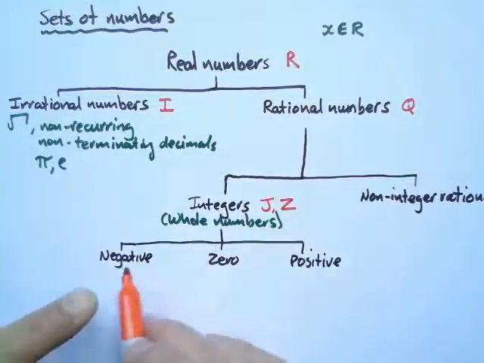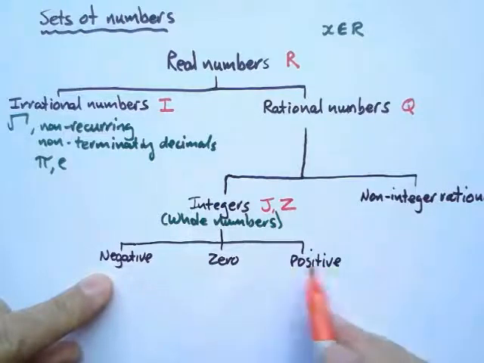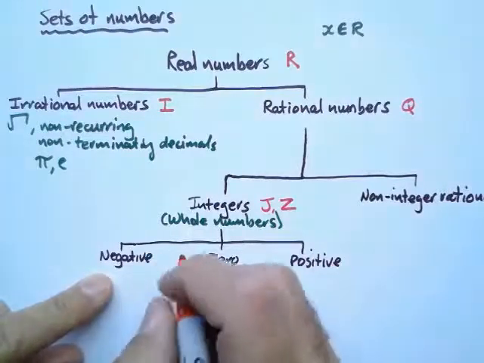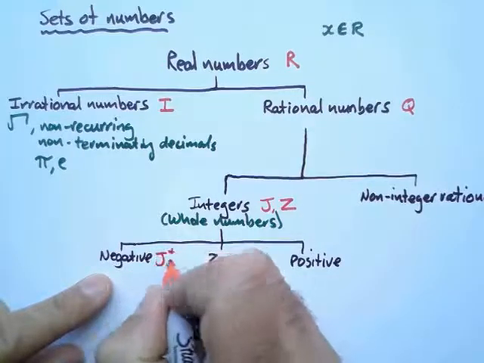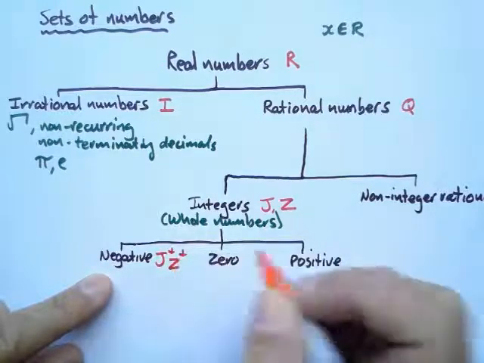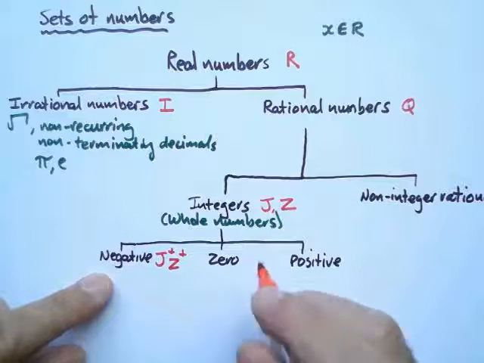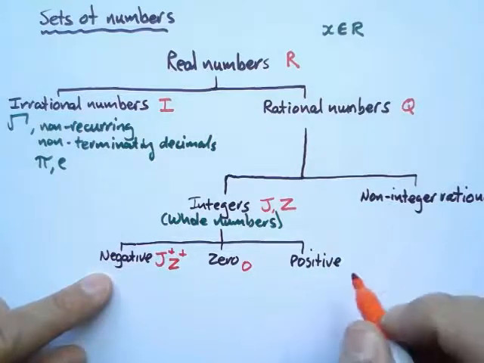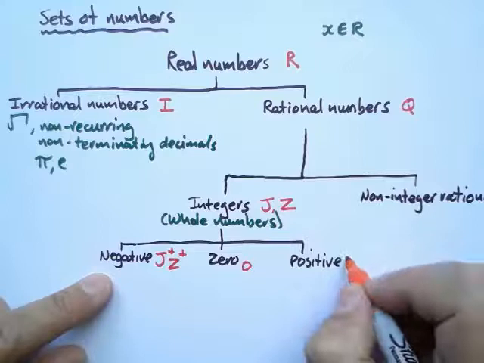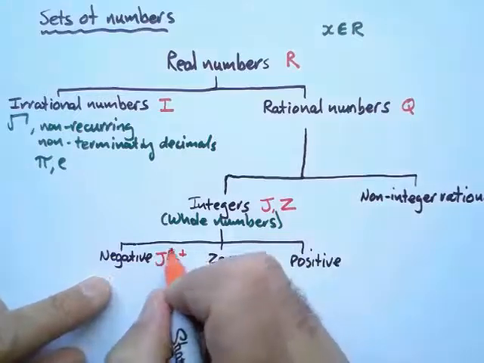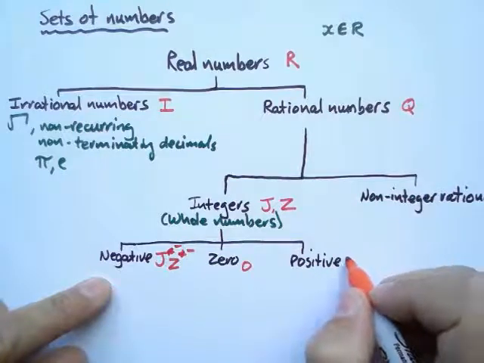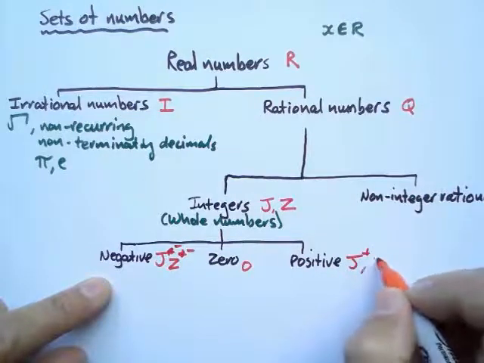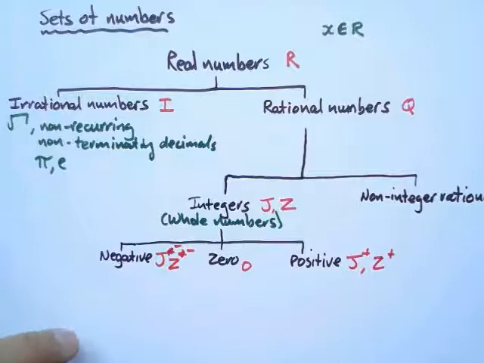But these integers can be broken up into three more values. So the integers are either negative, 0, or positive. So these we're going to call J plus, or we're going to say Z plus. 0, guess what? It's an O. And then positive is, oh, this is wrong. This is negative. So this is Z negative, J negative. Positive is J positive or Z positive.